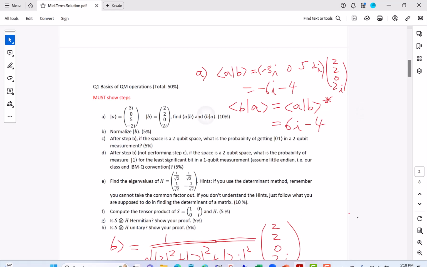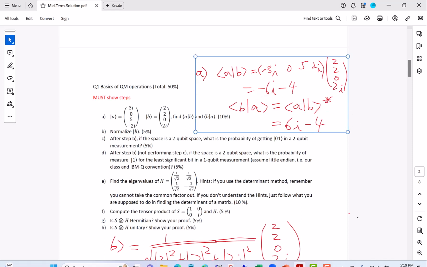Now, then I ask you to find B inner product with A, which you can just use this equation, right? Because a way to memorize it is B inner product with A is a scalar. So then if you swap it, you must take the complex conjugate, right?